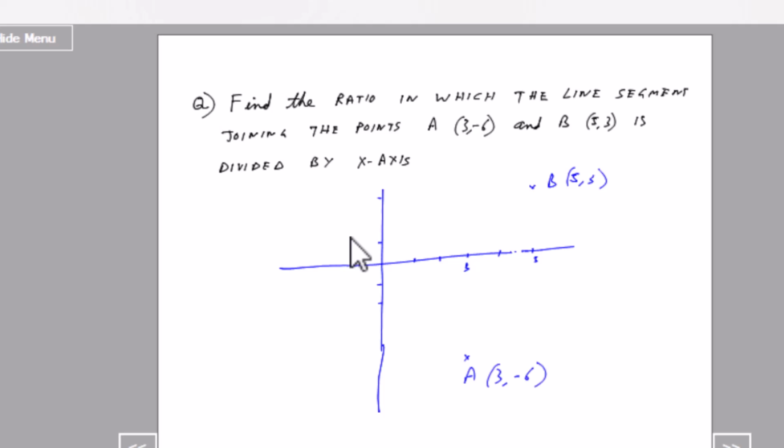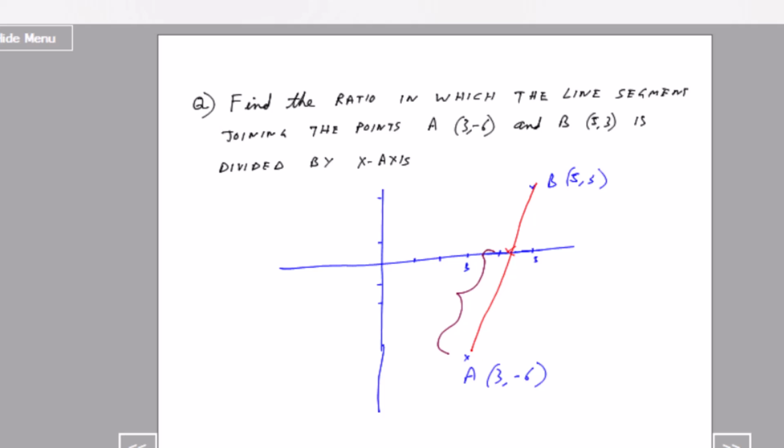Now the question that is being asked is, when you join these 2 points, this is supposed to be a straight line. Please excuse me for my drawing. So when you join these 2 points, it touches the x-axis at this place. The x-axis divides this line.